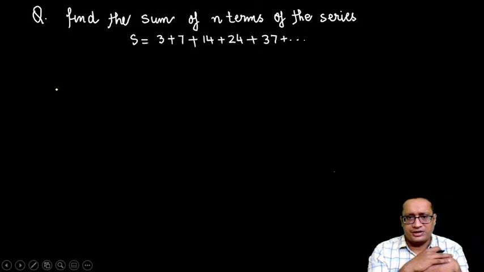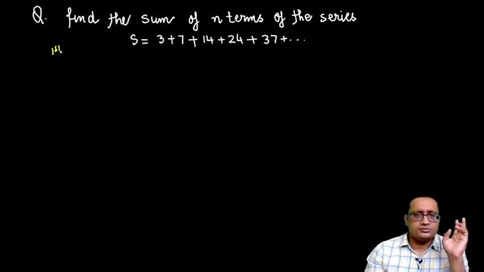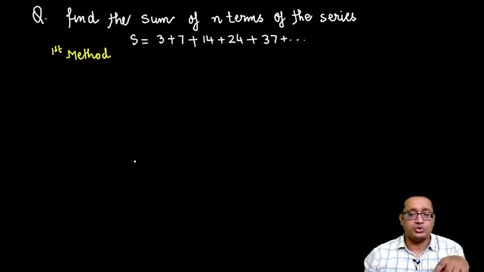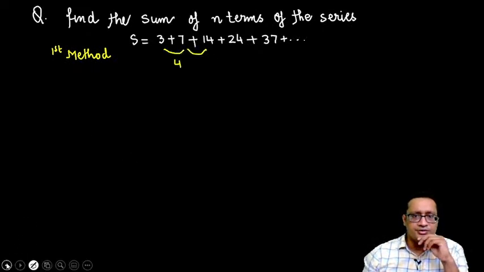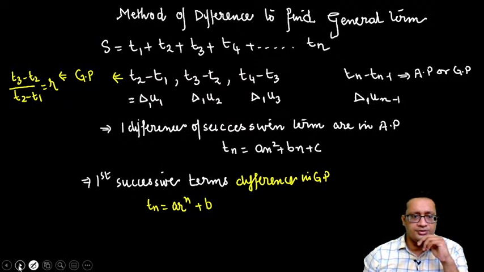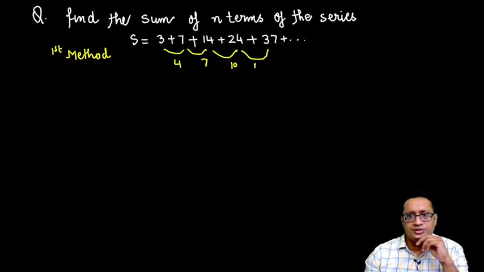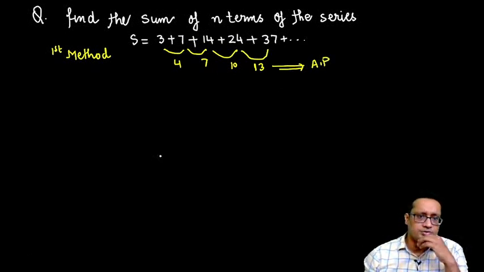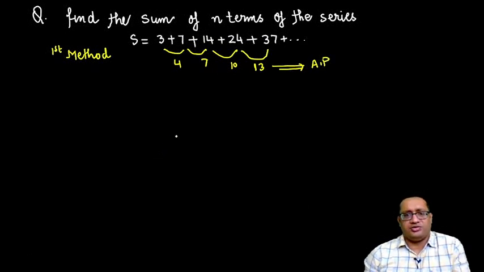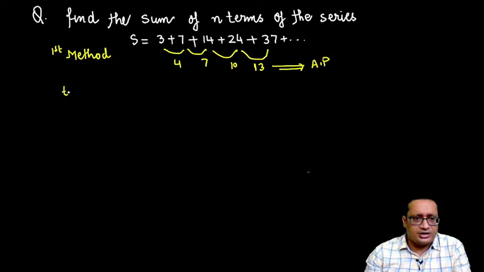Take the series 3 plus 7 plus 14 plus 24 plus 37, which I have mentioned. Consider the nth term. First of all, see here, the difference is 7 and 4, then 10 and 13, forming an AP whose common difference is 3. So let's consider the nth term is equal to a n square plus b n plus c.